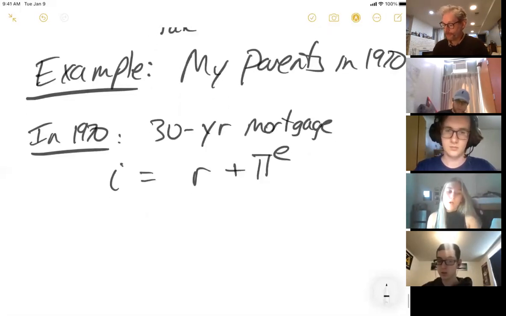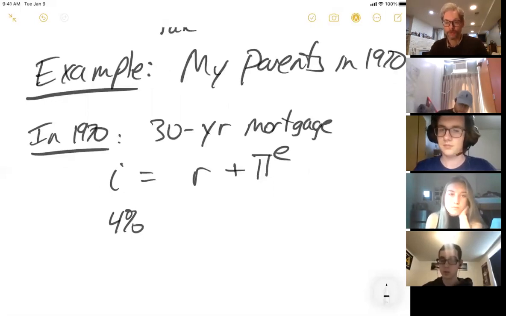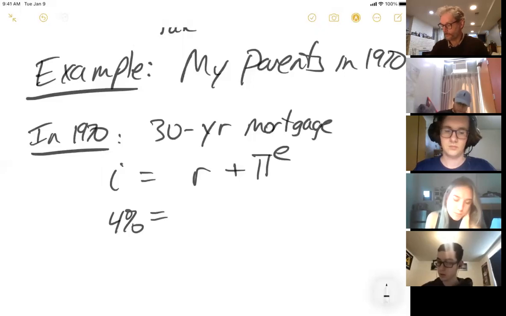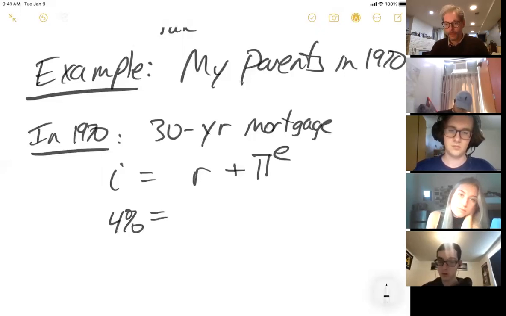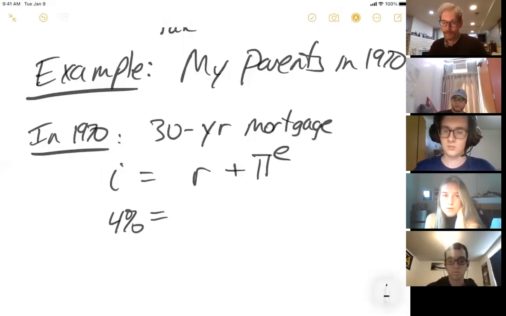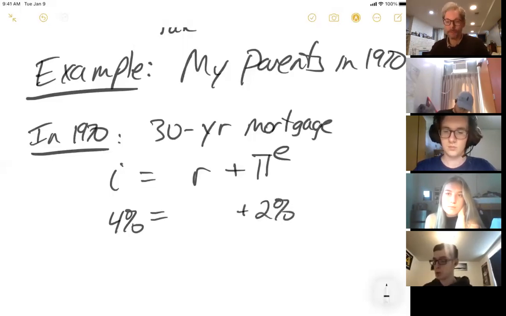What did my parents pay on that mortgage? 4% a year for 30 years. Now, what was the bank thinking when they lent my parents that money for 30 years? They were probably thinking, well, I think inflation's going to be about 2%, because in 1970 inflation was about 2%.